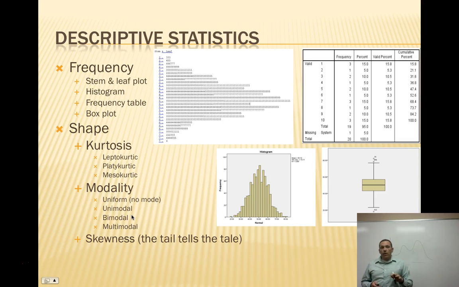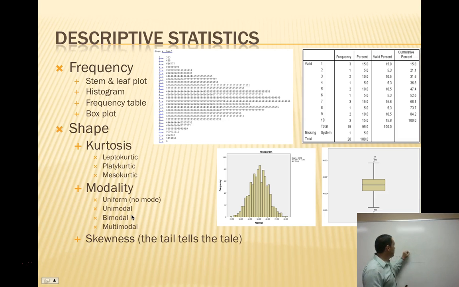The last thing we want to cover on this particular set of descriptive statistics with shape specifically is the idea of skewness. So we've covered kurtosis, we've covered modality, and now let's cover skewness in relation to shape. When we talk about skewness, I've stolen a line from one of my professors years ago who said it's the tail that tells the tale.